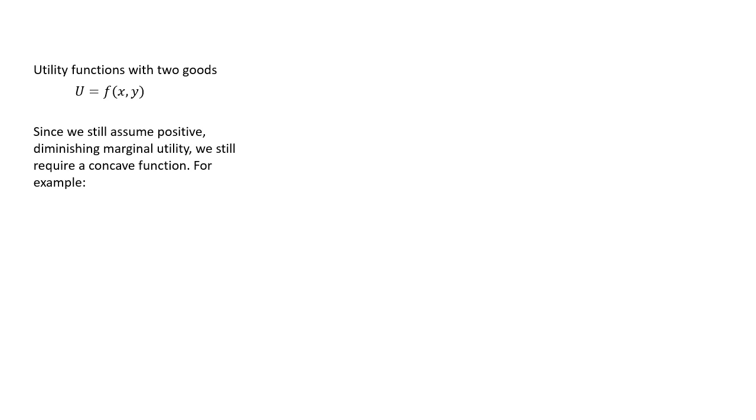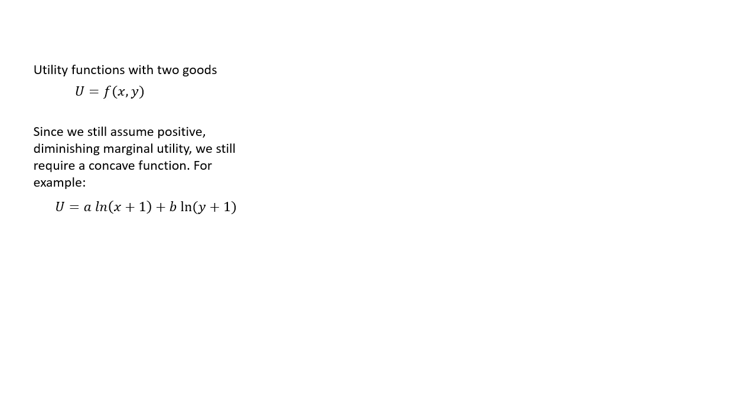So, the point is that even if we use two goods in our utility function, we will still be subject to the same assumptions as before, namely a positive marginal utility, which is diminishing. So we will still need a concave function.